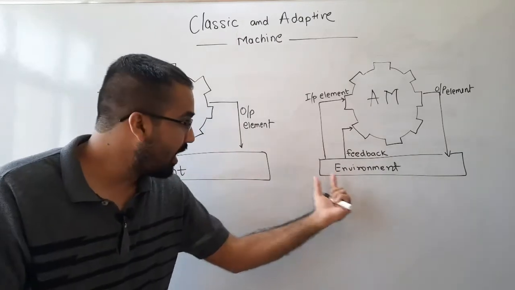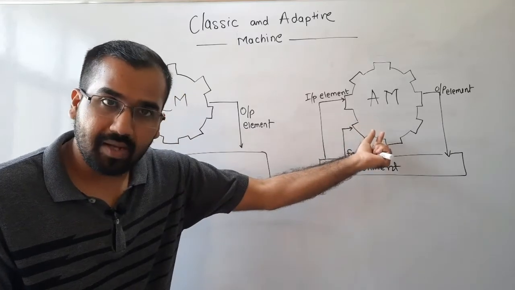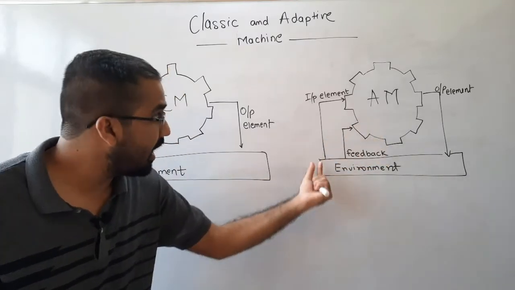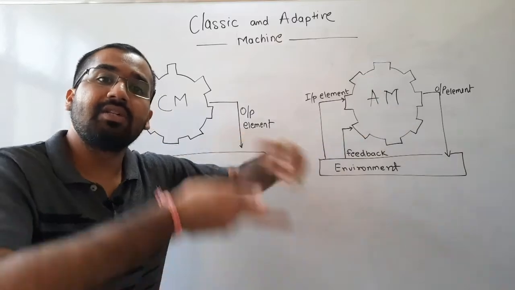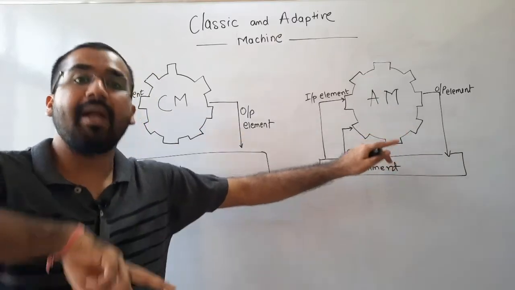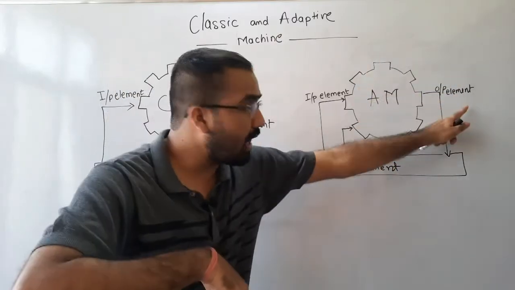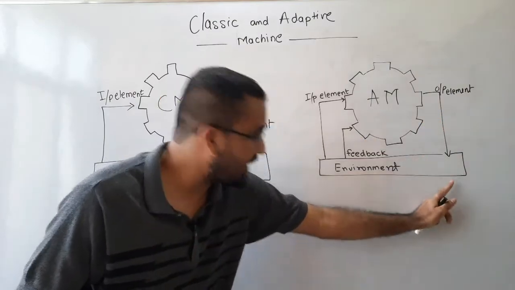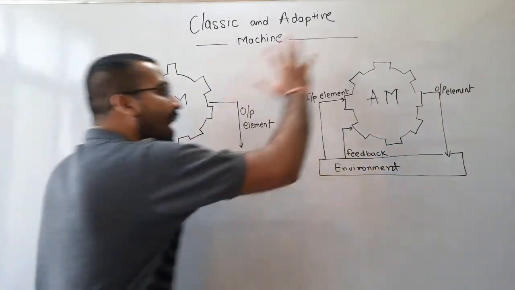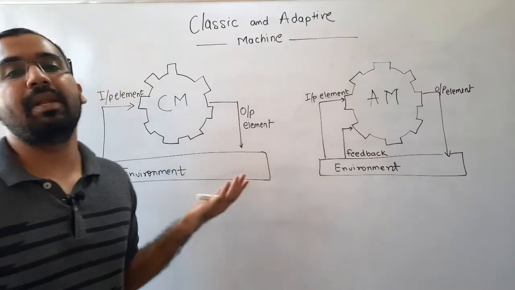The state is changing, the information about the environment state is given as feedback to the machine, the input element is again given, the task is performed and completed in an adaptive manner, again an output action is generated which acts upon the environment, and that's how it operates.